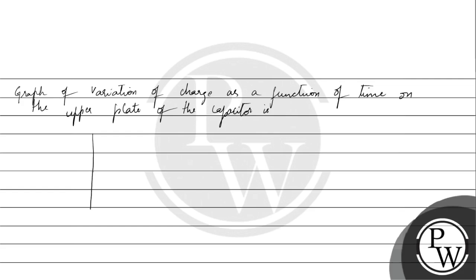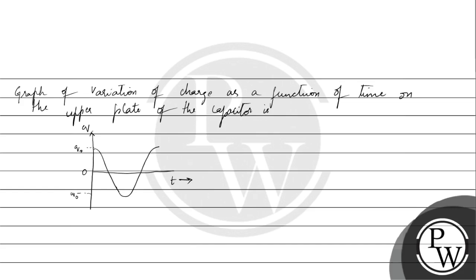So let us say this is 0, this is the time axis. So let's say this is Q naught, which is the charge. तो y axis पे हम Q plot कर रहे हैं. So it will go here, reach a minimum and come back like this.